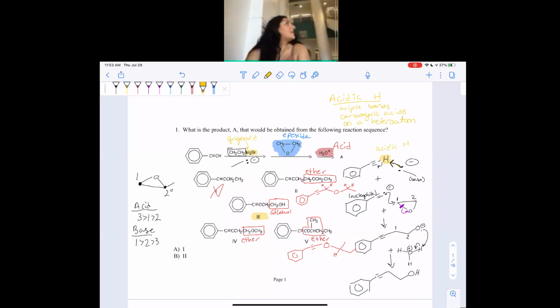We talked about the Grignard reaction, and how the Grignard can be a base or a nucleophile, and we also talked about acidic hydrogens. We also did some functional group review and some epoxide opening review. So any questions on any of these concepts?